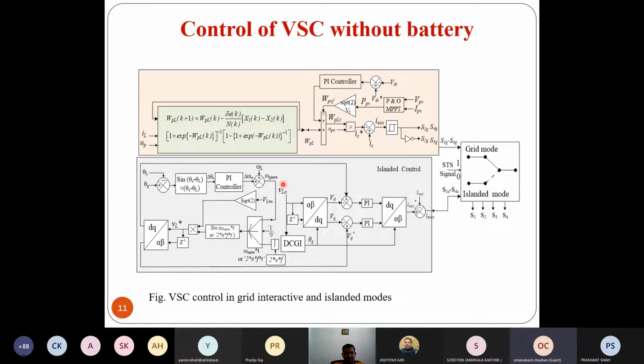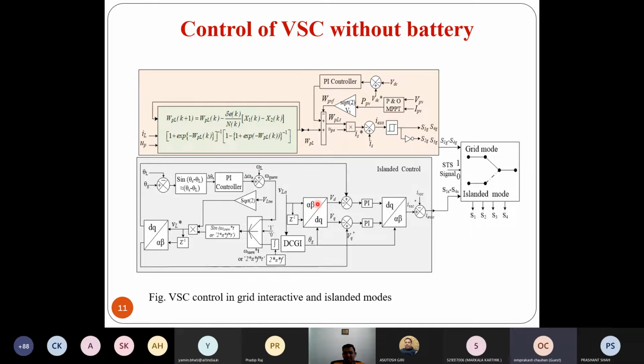A constant value has to be fed with this, and the actual load has been converted, alpha beta to DQ, so we have got this Vd and Vq. On the other side we have the sensed voltage.